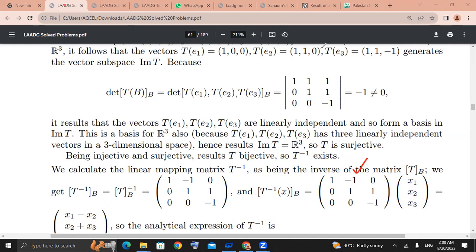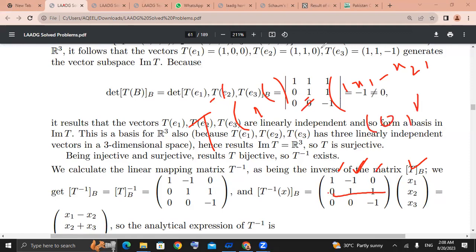So to write T inverse, you write T inverse of x. You write x1, x2, x3: the coefficient of x1 is 1, so x1 minus x2, comma, then the second row: the coefficient of x1 is 0, the coefficient of x2 is 1, and similarly plus the coefficient of x3 is also 1, then comma, then the last one: 0x1 plus 0x2 minus 0x3.